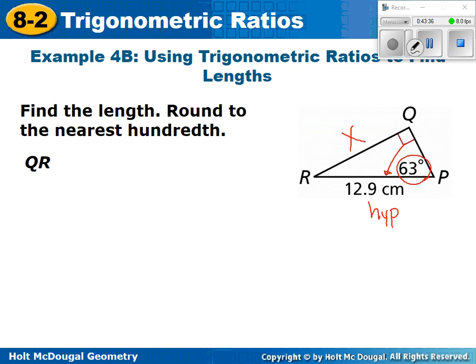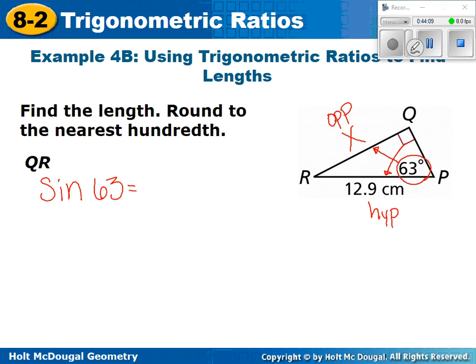Okay, so what does that make X, the side I'm looking for? Careful. Adjacent means it's got to touch the 63-degree angle, but X is across from it, so it's the opposite. All right, which trig function uses opposite and hypotenuse? Sine. SOHCAHTOA. So we're going to do sine of what angle? 63 degrees equals, good.